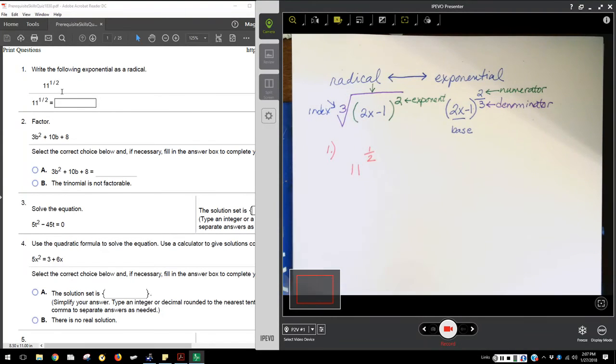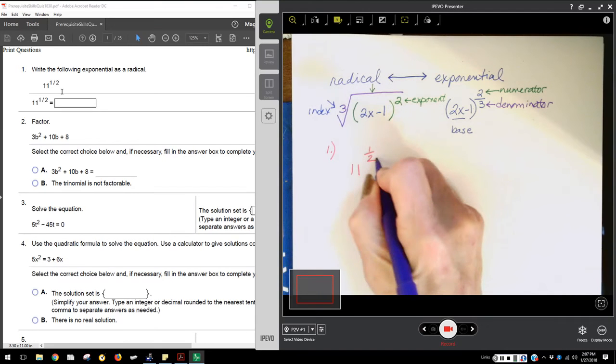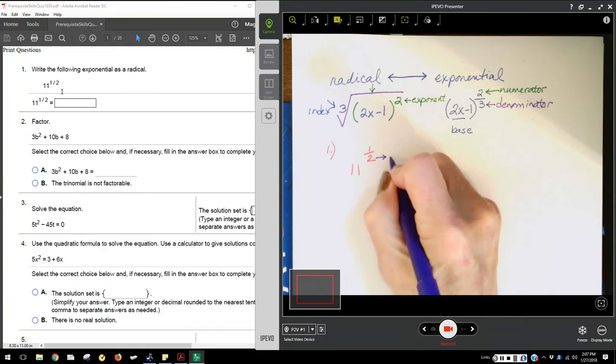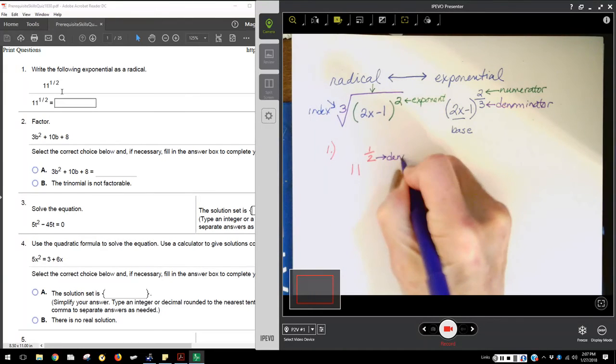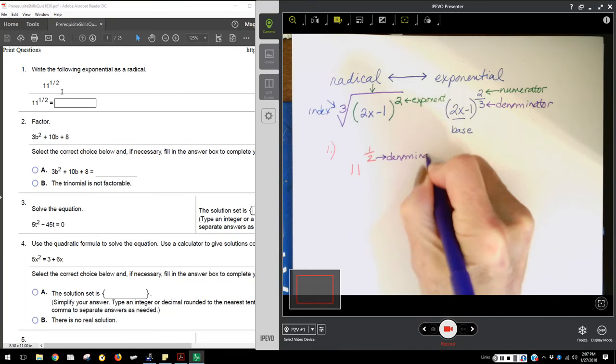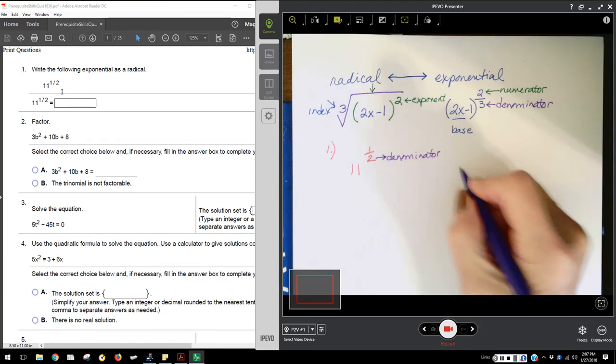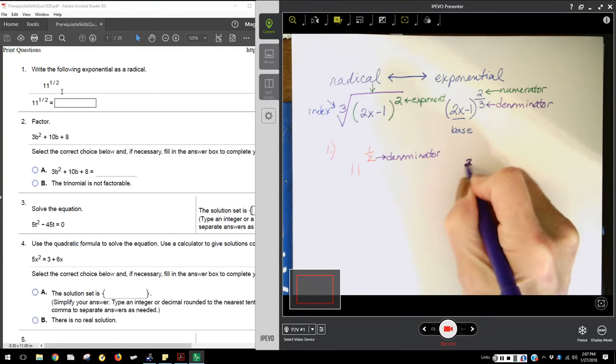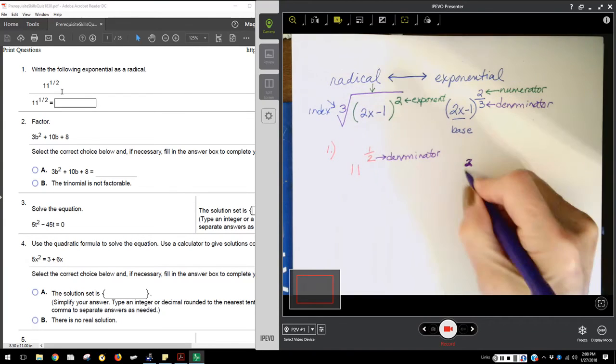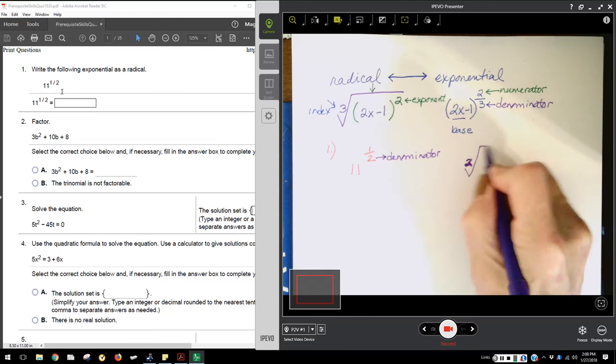And that the denominator of that expression is going to tell us the index, and in this case that index is 2, of the radical expression.